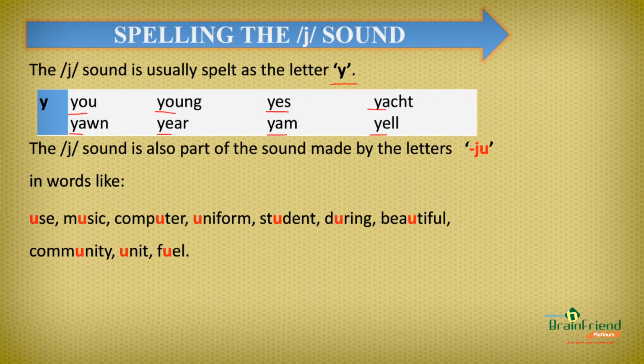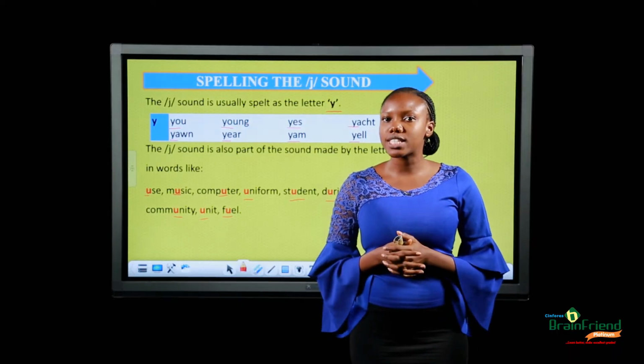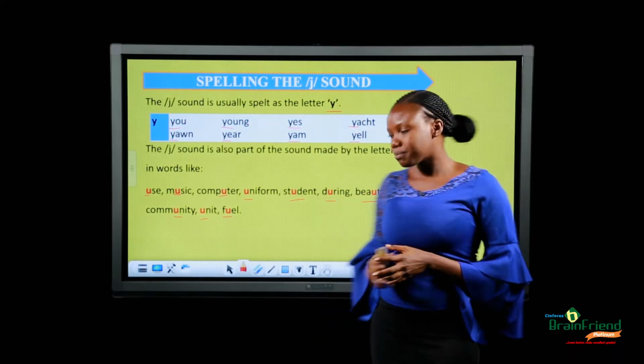The y sound is spelt as the letter Y in words like you, yon, young, yeah, yes, yam, yat, and yell. Also, the y sound is part of the sound made by the letter U in words like use, music, computer, uniform, student, during, beautiful, community, unit, and feel. Now, let's take a look at more spellings of the U sound.